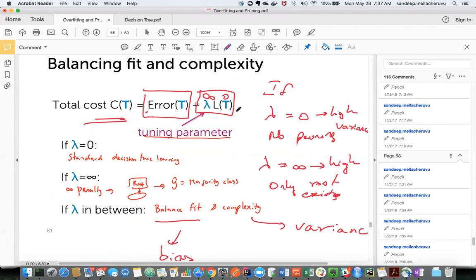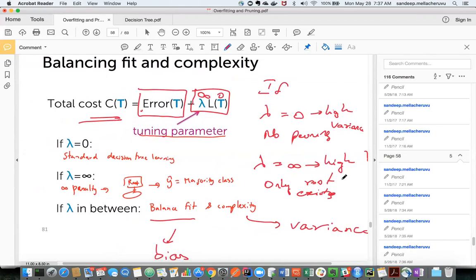Now, if you choose a lambda in such a way that you do not have too much variance as well as too much bias, then you are going to get a trade-off between variance and bias, which means somewhat moderate bias, somewhat moderate variance, right? Yes or no? If you select a value between 0 and infinity somewhere, at some point you're going to get both variance and bias as moderate values.